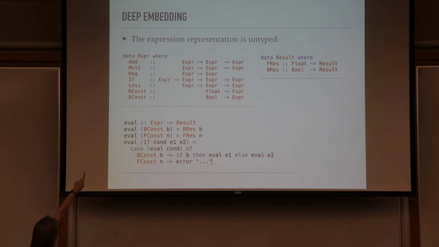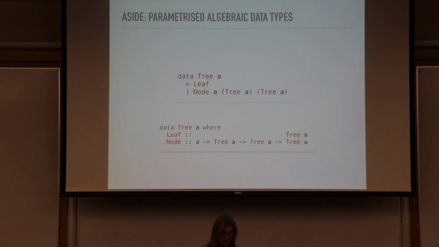Let's say for conditionals I want both branches to have the same type, so the else case should have the same type. I can't check that in the evaluator. It's just not a very good situation. I have this expressive, strongly typed language, and I'm throwing all that potential away.